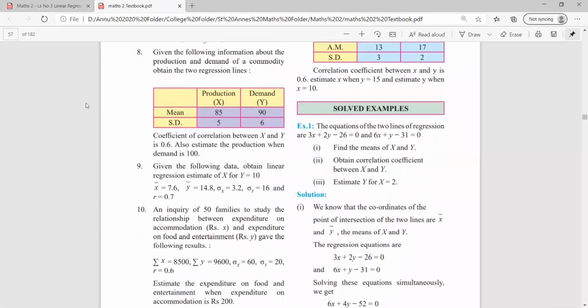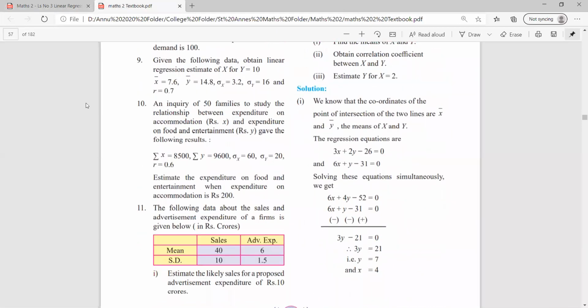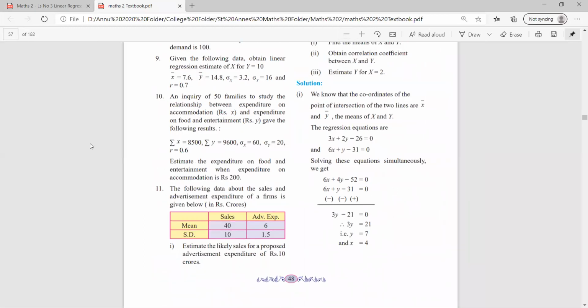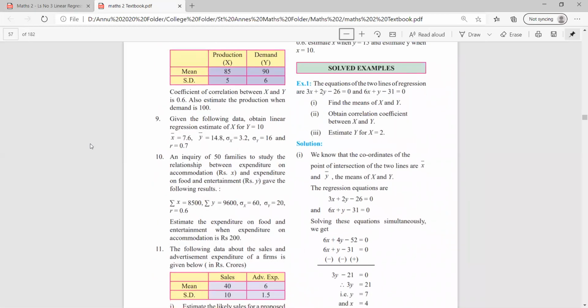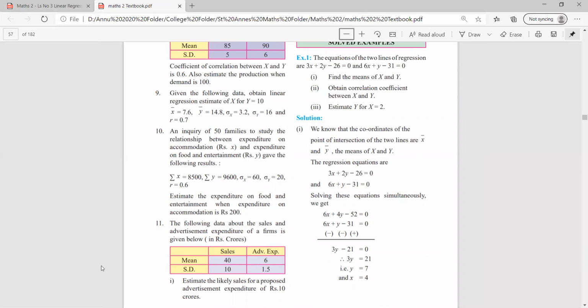9th and 10th we have already covered yesterday. Coming to sum number 11. Just read the question, class, and see if you can solve the sum. Is it possible? Let us see. Sales is given. Advertising expenditure is also given. Mean, that is x bar, y bar, is given to you.